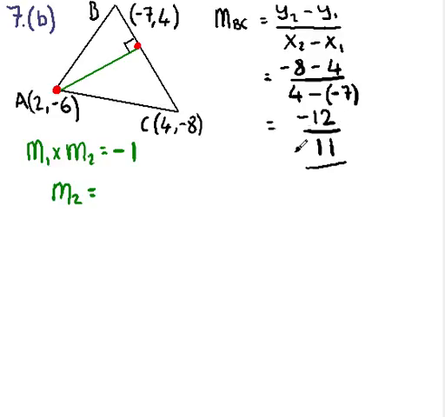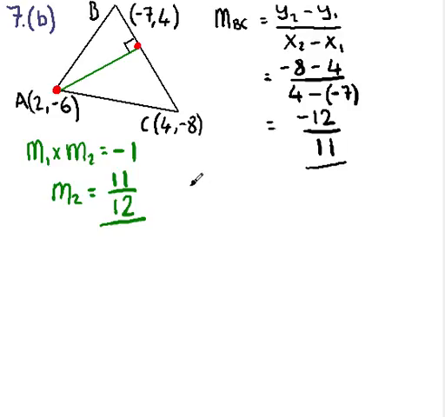So it was negative, so our new gradient is positive, and this time it's 11 over 12. So the gradient of the green line is 11 over 12. So now we have the gradient of the green line. We have 1 point on the green line, this point here. We now have enough information to work out the equation of the line.